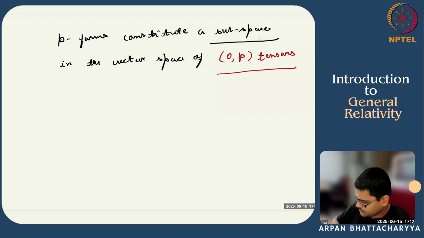And we denote that subspace as omega. This is the space of P forms.